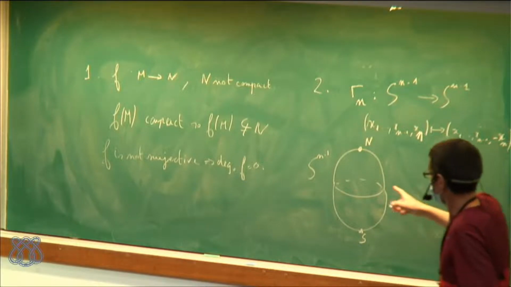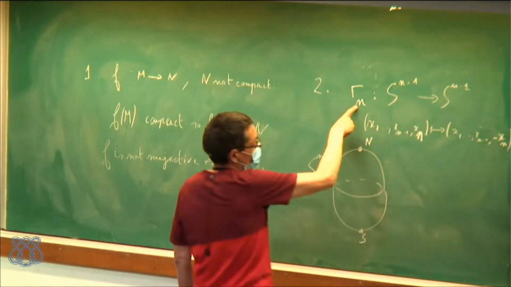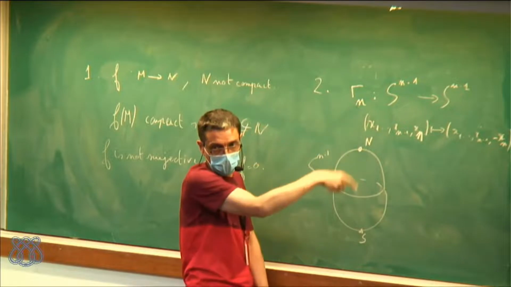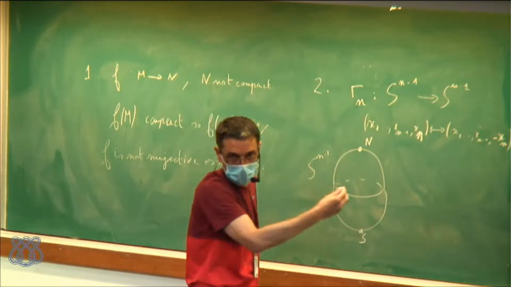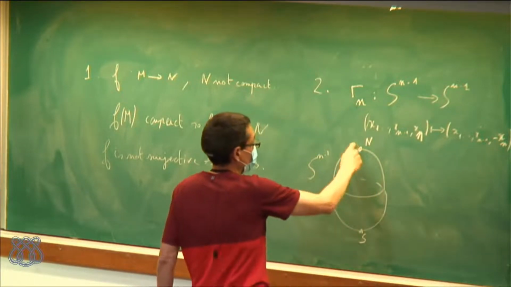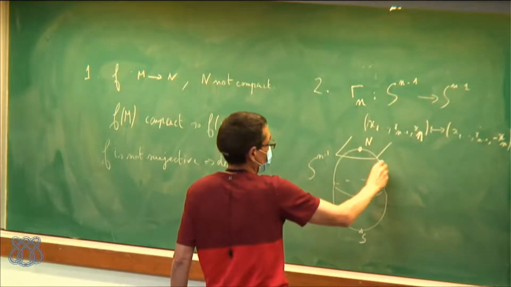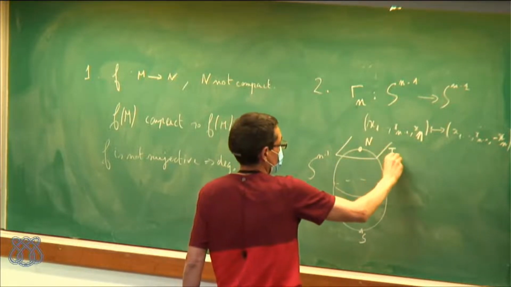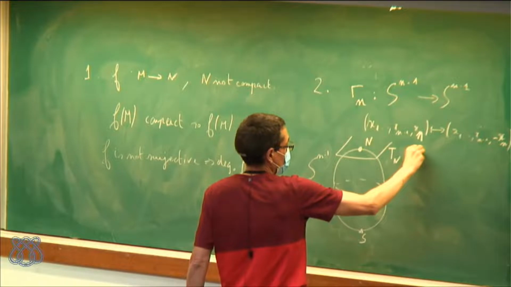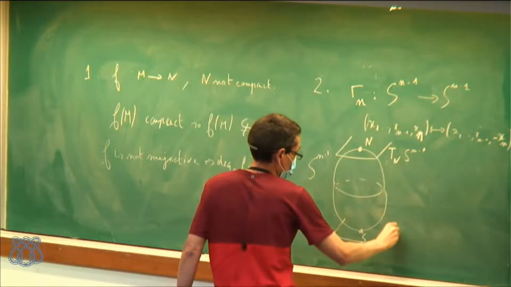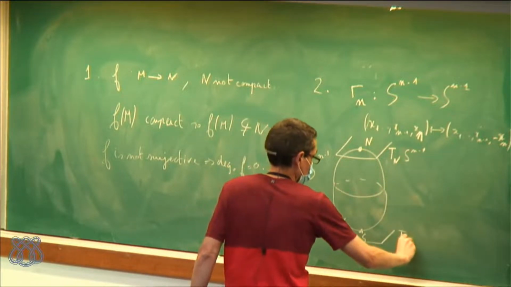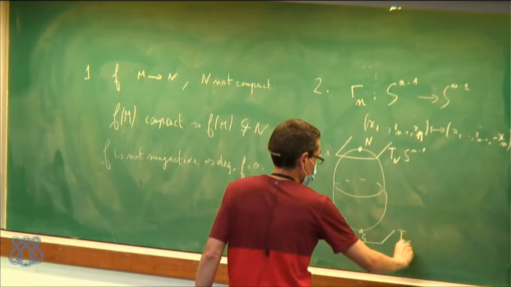And we just have to show that this mapping reverses the orientation. So this is the tangent space at the north pole, and the tangent space at the south pole.